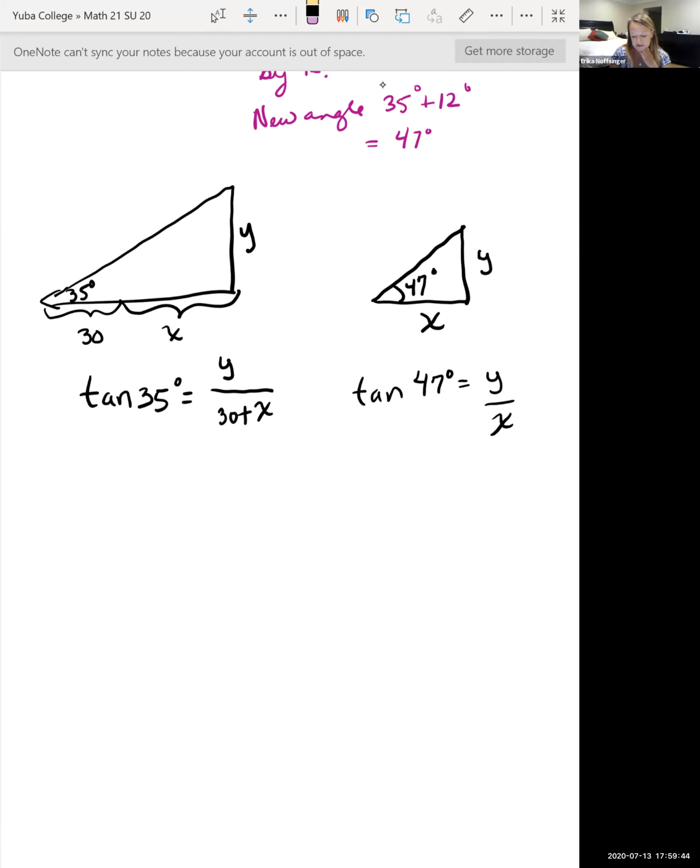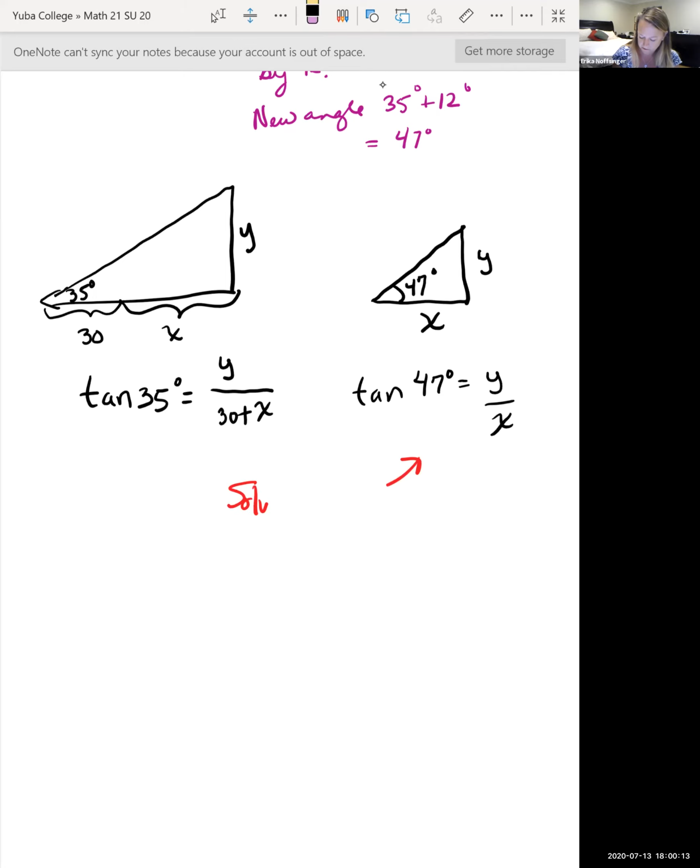Technically, I really want to figure out what Y is. So it would be better if I got X by itself and then substitute that value in to give me what Y is, because that's my ultimate goal. I don't care how far away I am from the tree once I walked 30 feet closer. I'm just curious how tall that tree is. And so let's solve for X. It looks like this would be the easier one to solve for X.